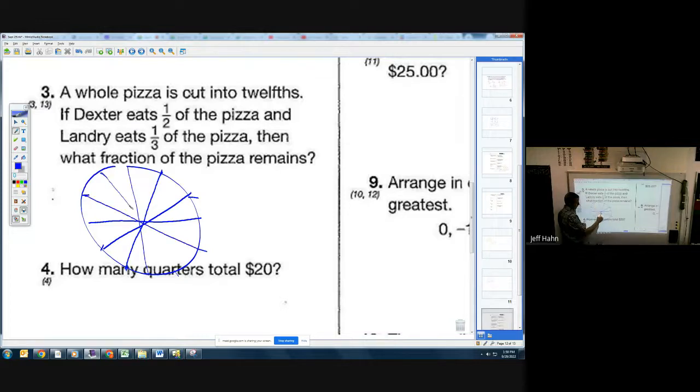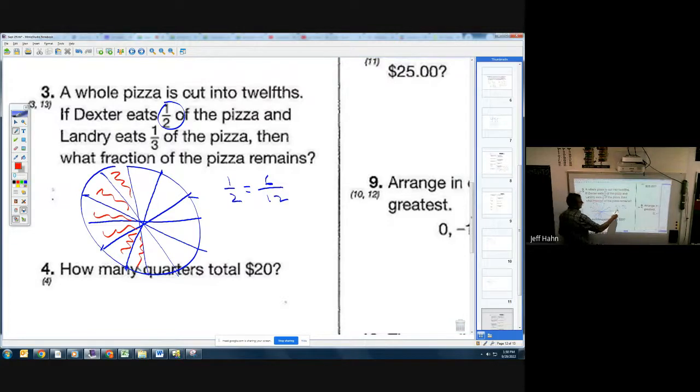So if Dexter eats half of it, I cut it into 12, so 1/2 is how many 12s? 6. So 6 of these are now eaten. So here's 1, 2, 3, 4, 5, 6.